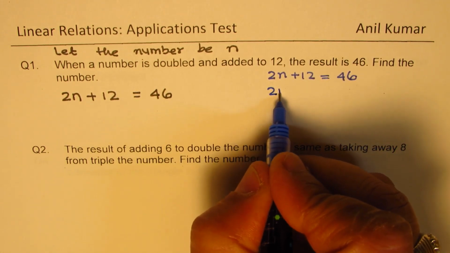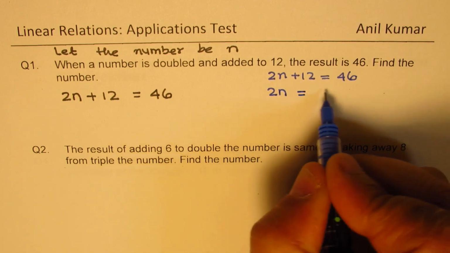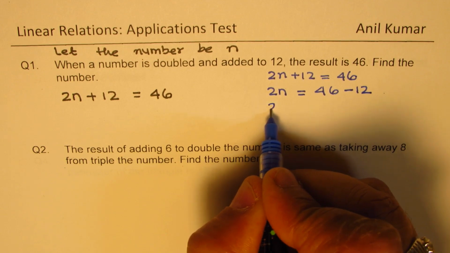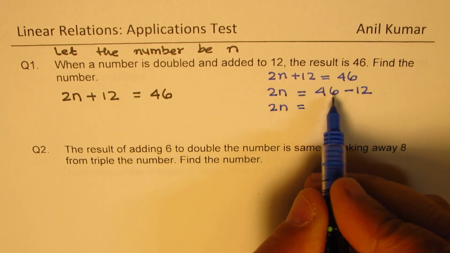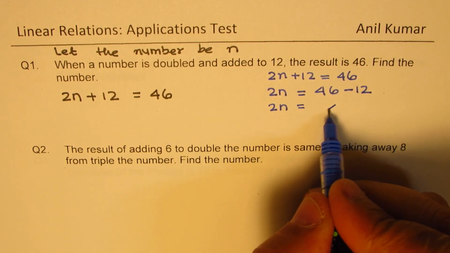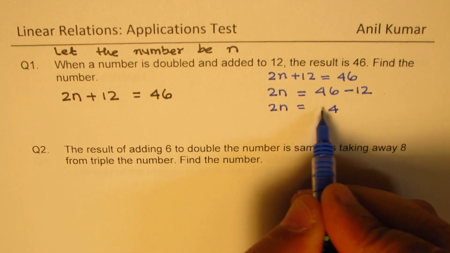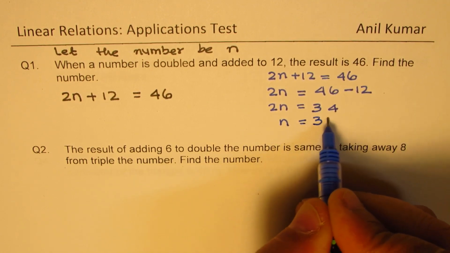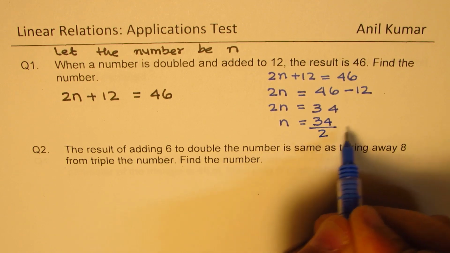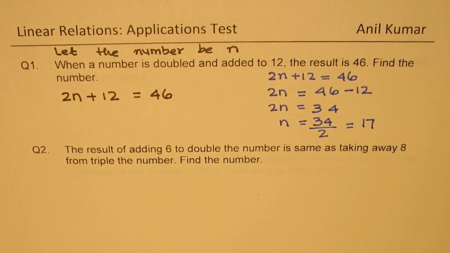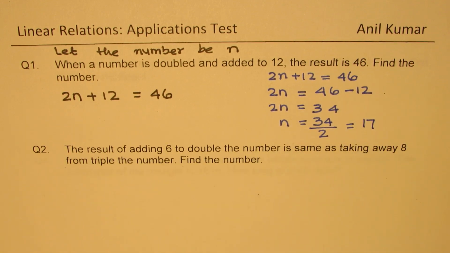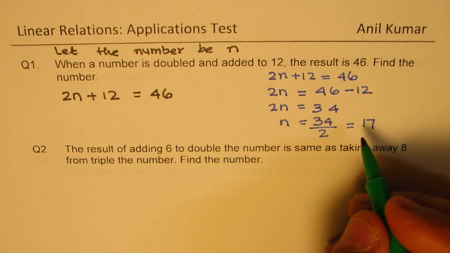So 2n is equal to 46 minus 12, which gives us 2n is equal to 34. Therefore n is equal to 34 divided by 2, which is 17. So our answer here is 17.